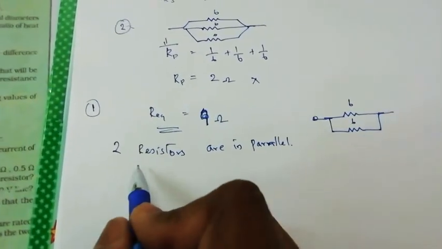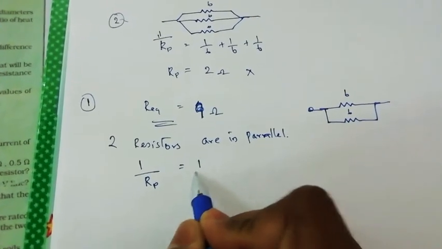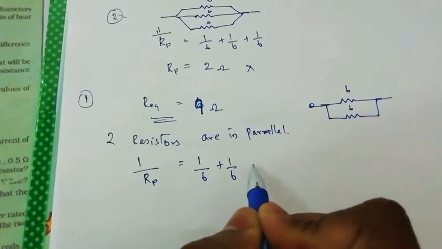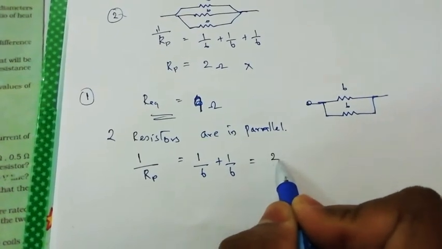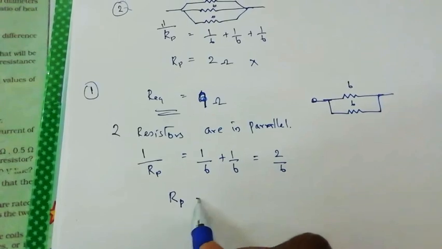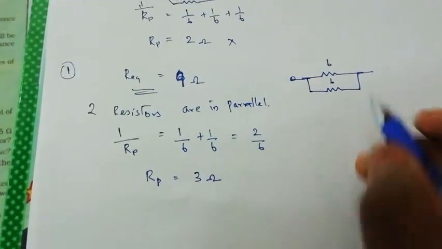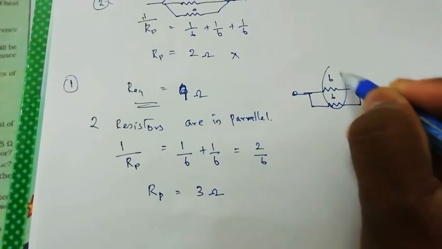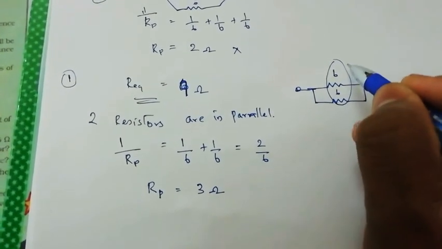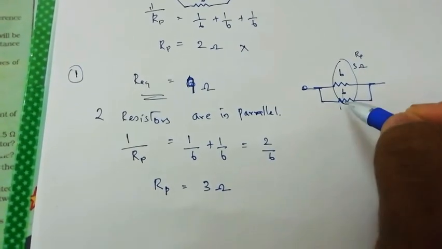Parallel means 1 by Rp equals 1 by 6 plus 1 by 6, which comes to 2 by 6. In other words, Rp is nothing but 3 ohms. Now this becomes 3 ohms because both are connected in parallel.